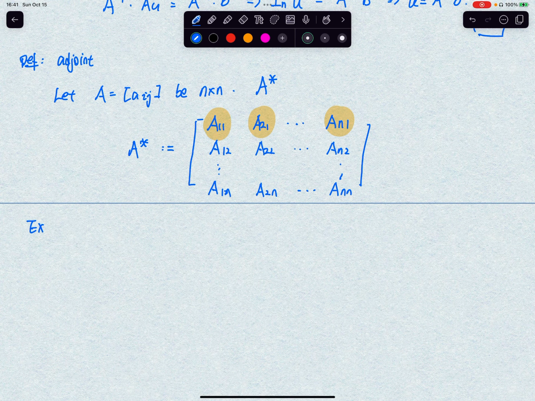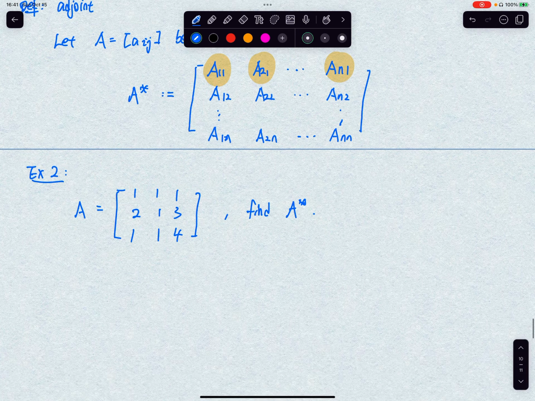Still, let us do an exercise. Given A equals 1, 1, 1, followed by 2, 1, 3, followed by 1, 1, 4, we want to find A star, the adjoint of A. Let us start with A11.